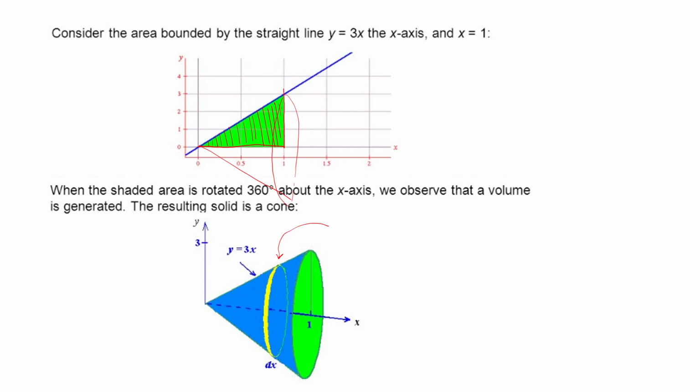We analyze this to know which particular concept we're going to use: method of disk, method of washer, or method of cylinders. So the vertical strip, when rotated, will lead to a volume. So that is the method of disk and washer.